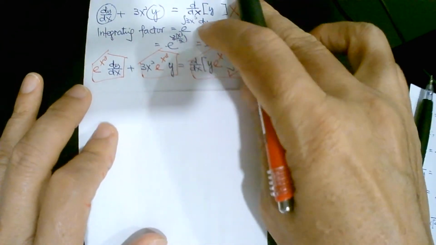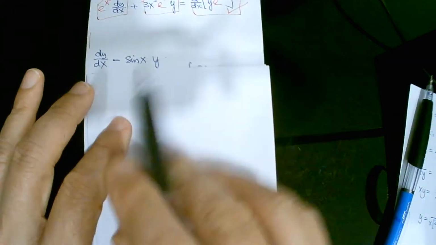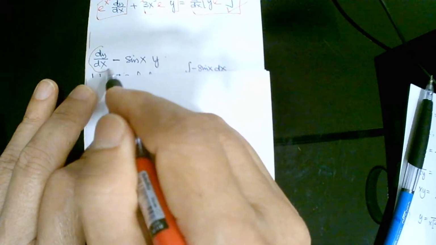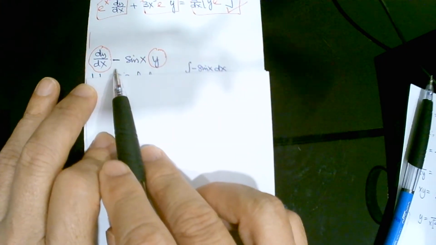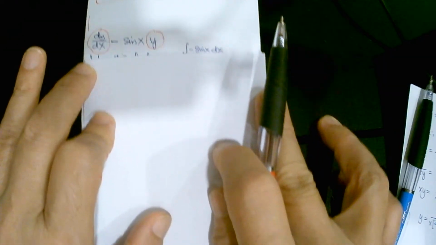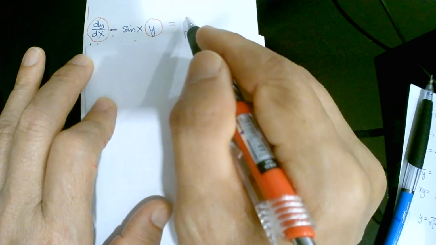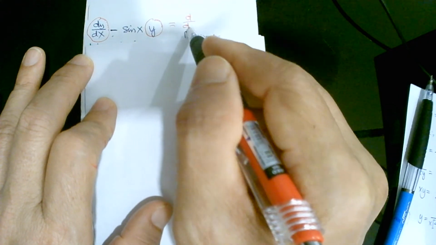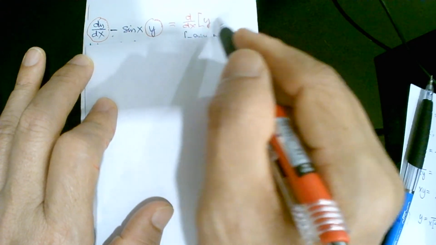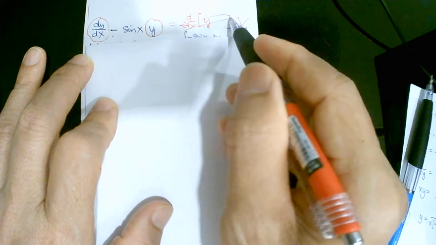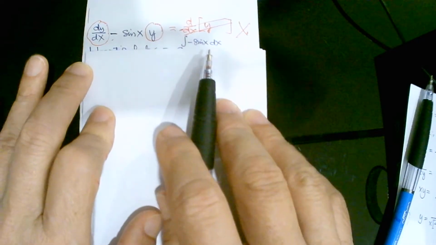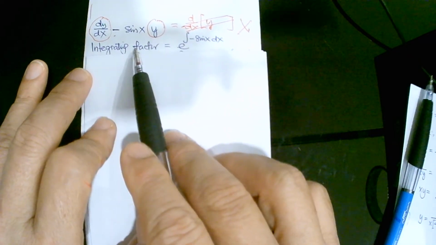Next one. Okay, look at this one. If I look at this y, then this is again linear. Even though this is linear, I cannot combine them like that. You don't write like this. This is wrong. You cannot combine them like that. So what we have to do here, we find the integrating factor.